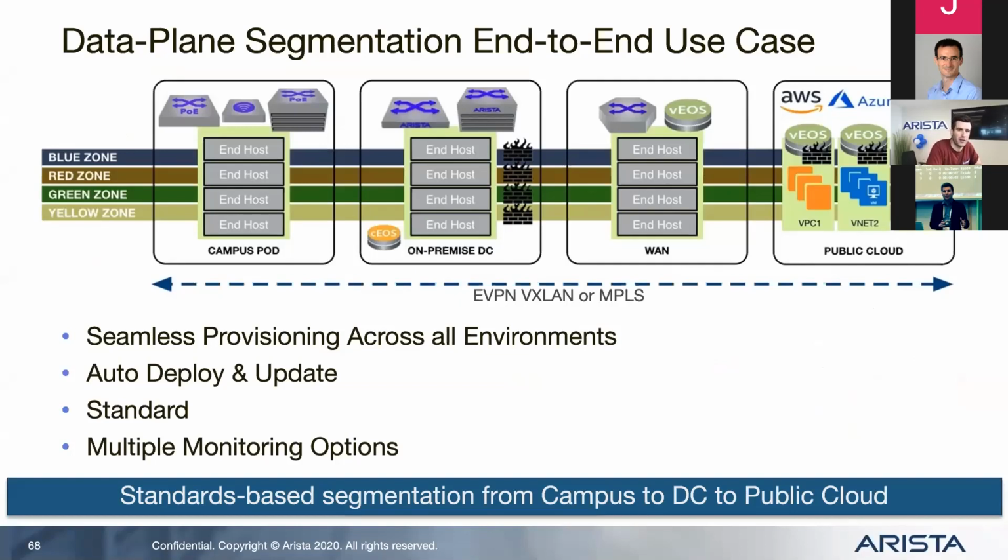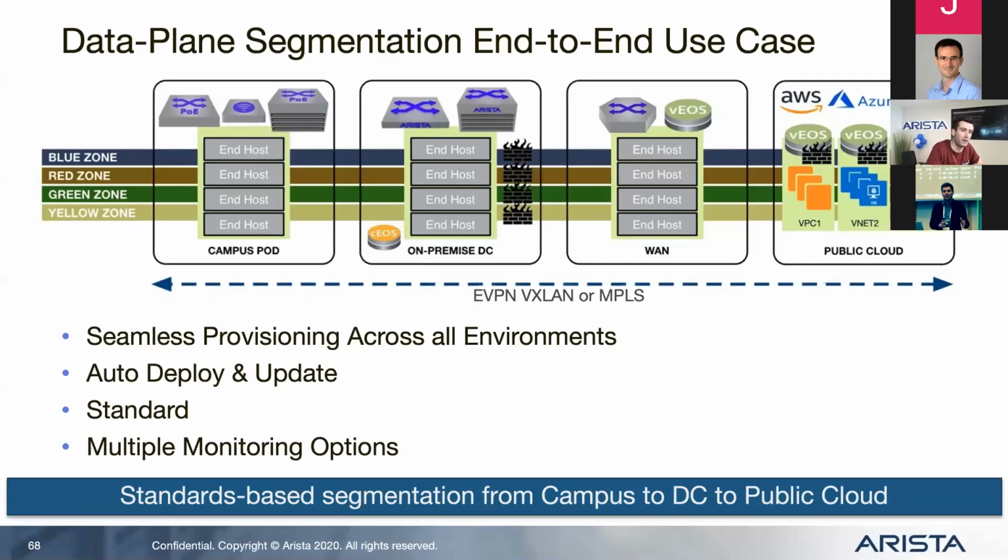One nice use case of EVPN is the ability to do data plane segmentation end to end. You could use EVPN with VXLAN or MPLS to provide campus segmentation, on-premise DC segmentation, WAN, or even within the public cloud, using maybe the virtual EOS solution that we provide as well.